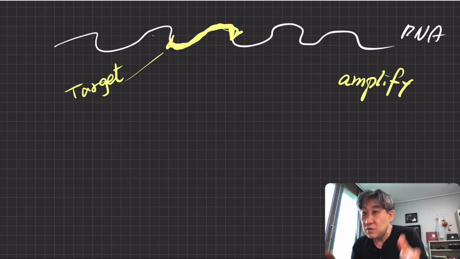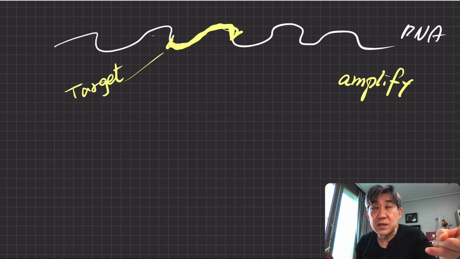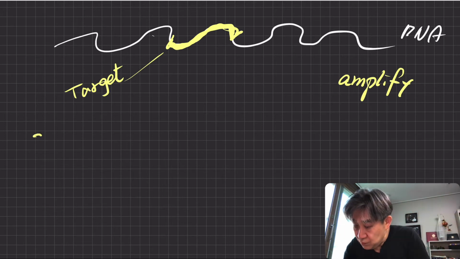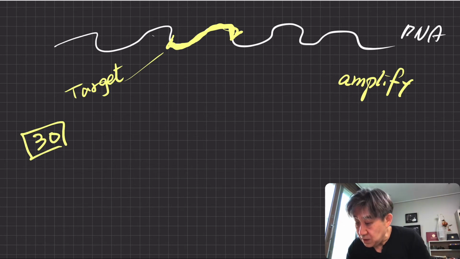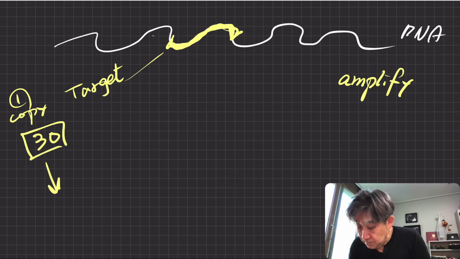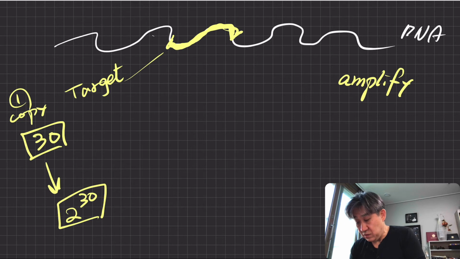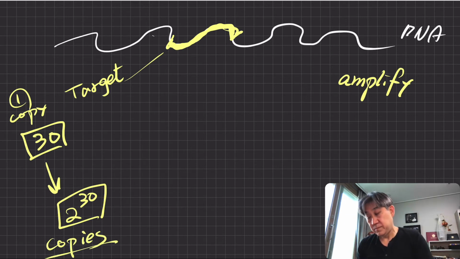In each round of such DNA replication, you will double it. So if you repeat this DNA replication 30 times, then originally starting from one copy, you will end up with 2 to the 30th copies of the DNA sample.